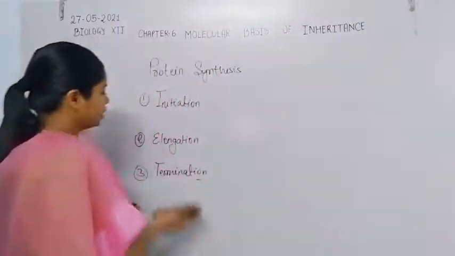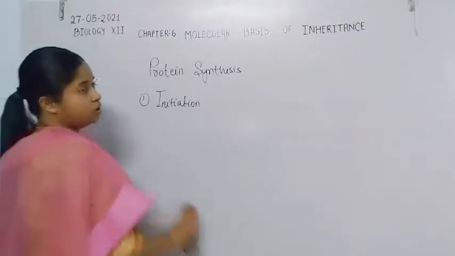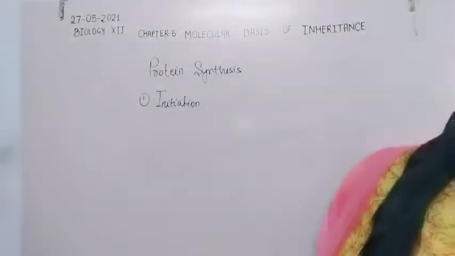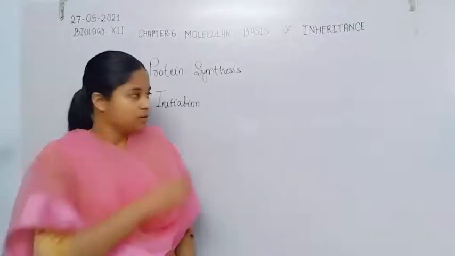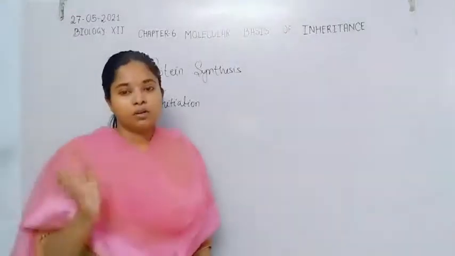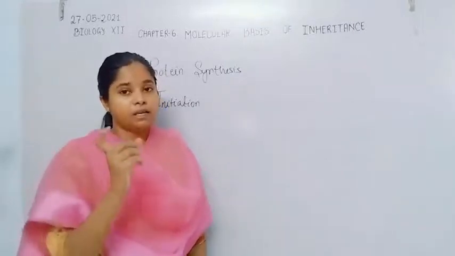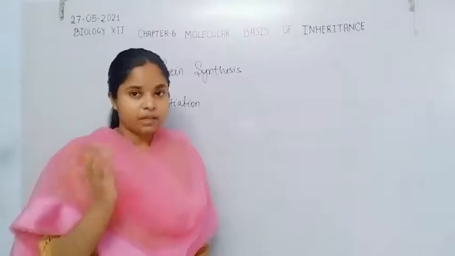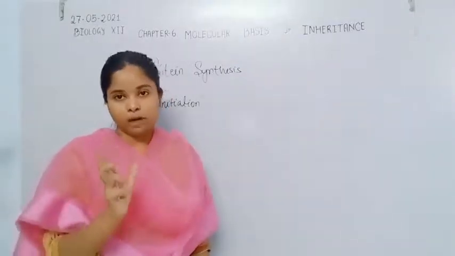In protein synthesis in prokaryotes, first we discuss eubacteria like E. coli. They belong to the prokaryotic cell, and the ribosomes present in the prokaryotes are of the 70S type. The mRNA lacks the capping and tailing region, but has a specific sequence for the binding of ribosomes.